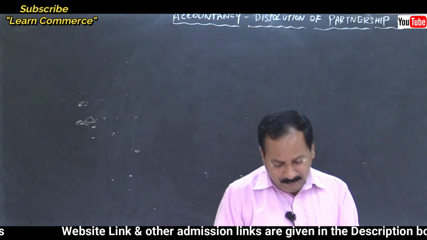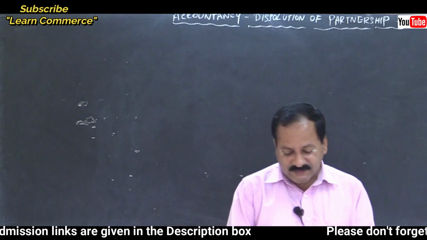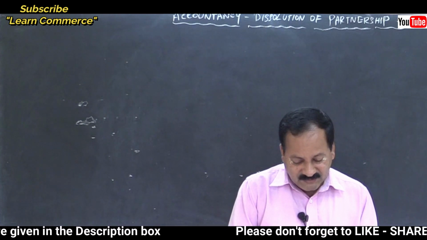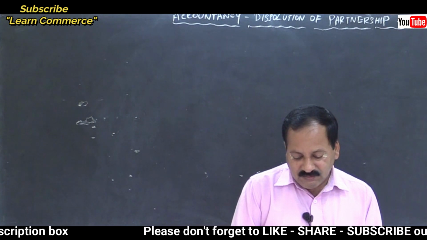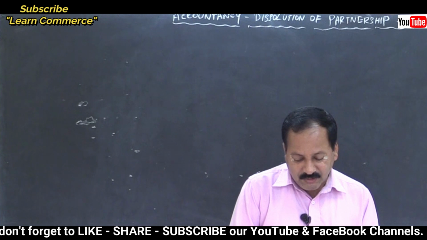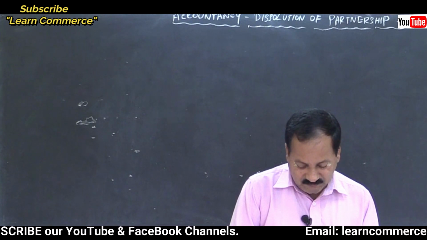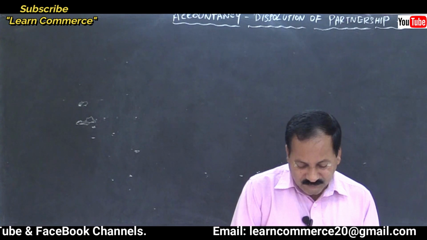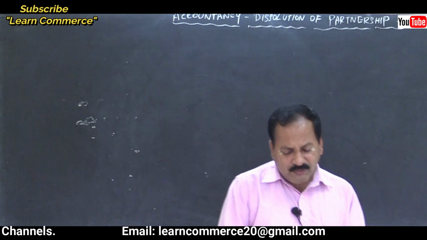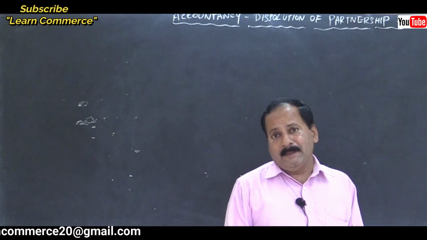Let me read the problem. Akash, Prithvi and Sagar are partners sharing profits and losses in the ratio of 1/2, 1/3 and 1/6. They agreed to dissolve their firm on 31st March 2018, on which date the balance sheet was as follows. We have faced 1/2, 1/3 and 1/6 in previous problems also, isn't it?